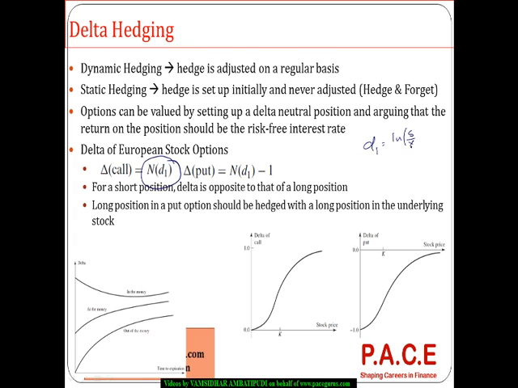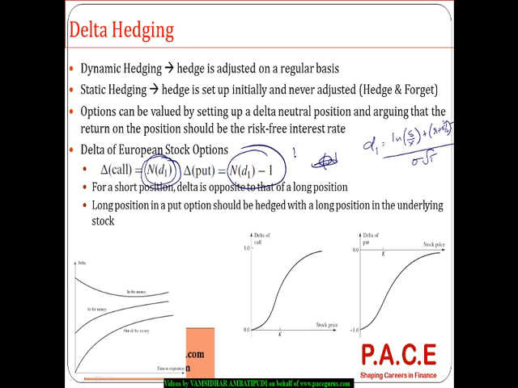Log(S/X) plus (r plus sigma squared by 2) times T, divided by sigma root T. And the cumulative normal distribution value N(d1) is what gives me the delta of the call option, and for the put option it is N(d1) minus 1, or minus N(-d1).